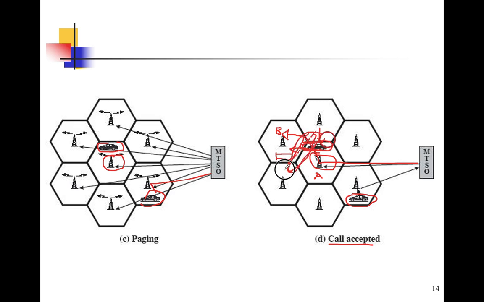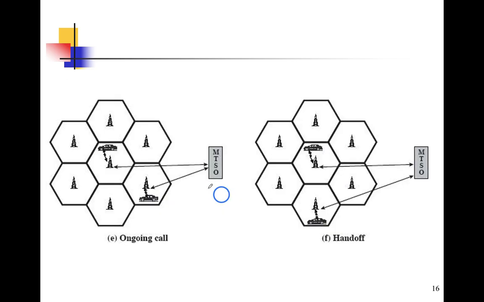So when the car is in that particular area, the handoff process occurs to tell that this car is no more in the area of A. So this base station will give all the information to the MTSO, so that the MTSO can communicate to base station B to handle the communication. So that is what we call handoff.